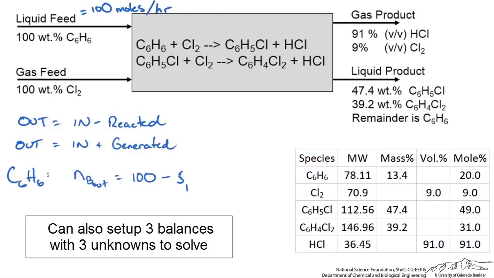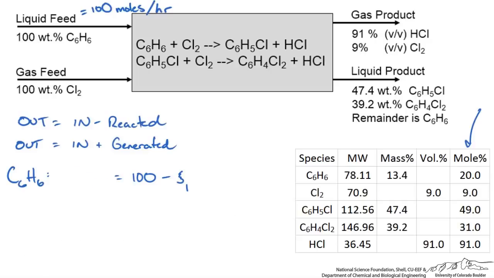So now we know, based on the molar composition given to us for the outlet streams, how many moles we have leaving. So I'm going to rewrite this such that using that information, we have 20 mole percent times our 100 moles, so we have 20 moles leaving. So we can solve for the extent of reaction as 80 moles per hour. So I could write this now for the next species.